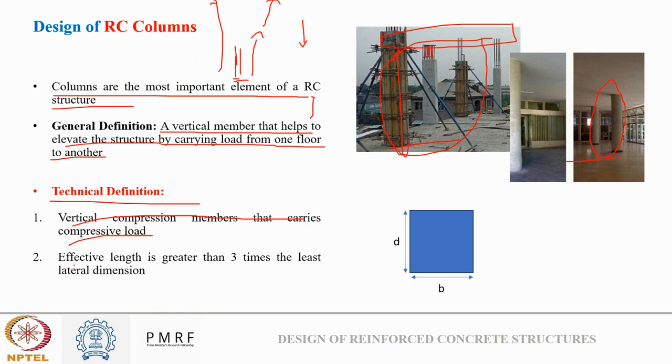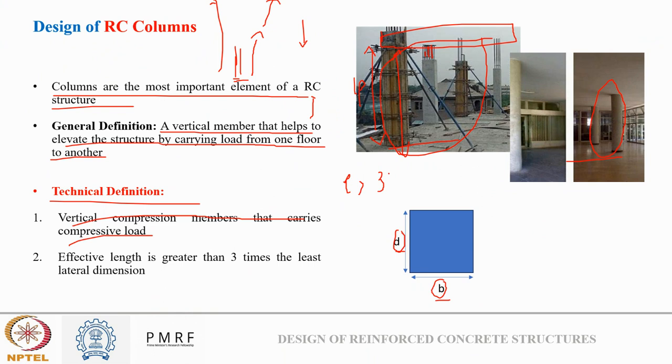Okay, and when we say a particular structure is a column, it is when the length is greater than three times the least lateral dimension. So length is something like this. Okay, so this is my length. If this length is greater than three times the least lateral dimension, suppose these are my, if I see from a top view, these will be my lateral dimensions.